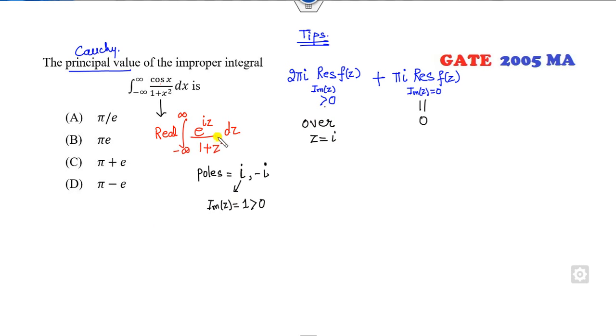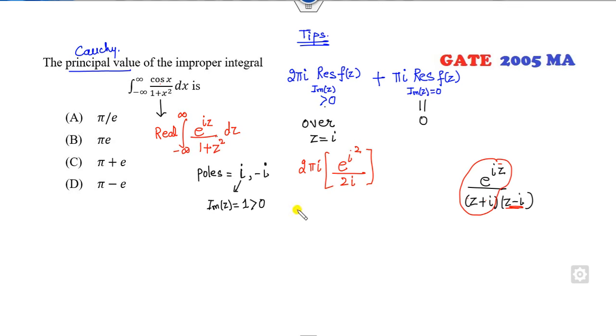I can write this function as z plus iota times z minus iota. So I can substitute this value here, 2 pi iota times e raised to power iota square over 2 iota.